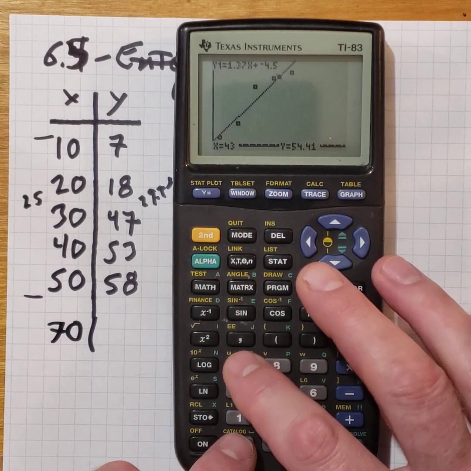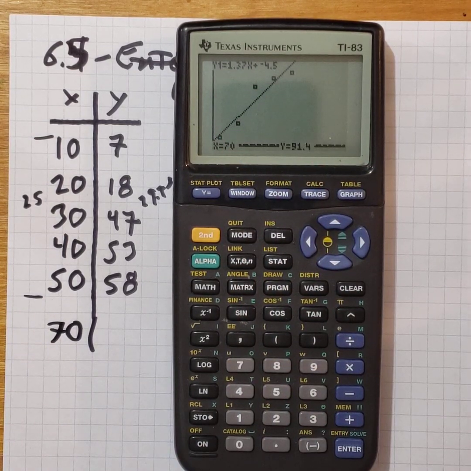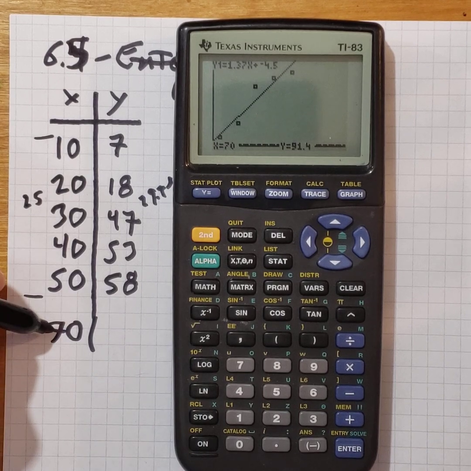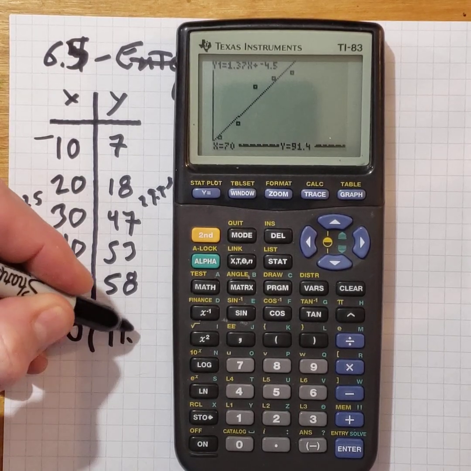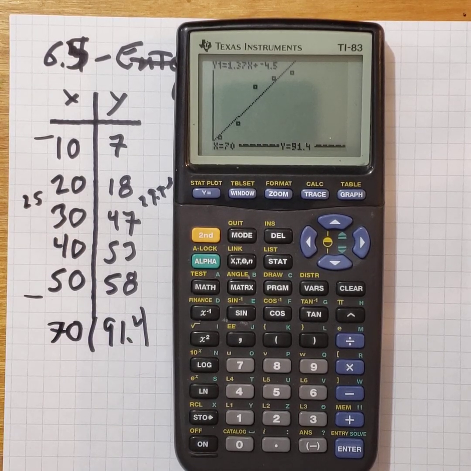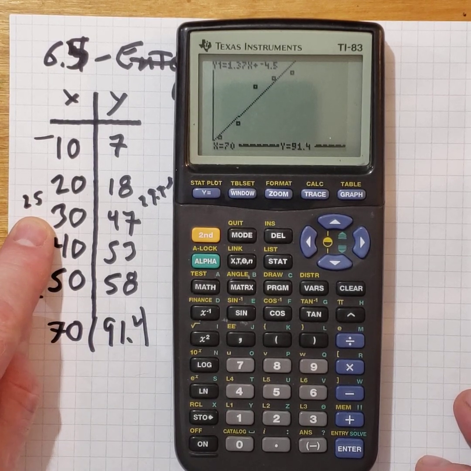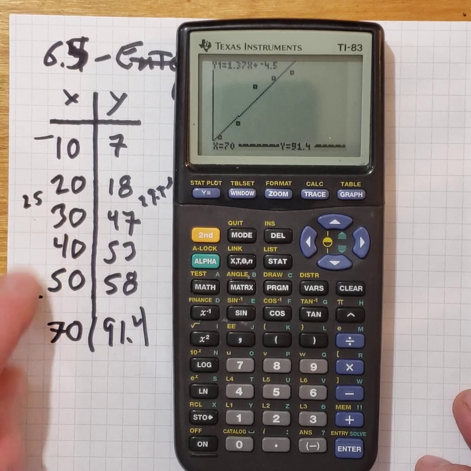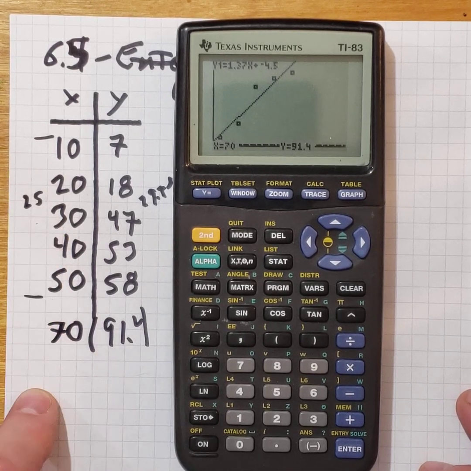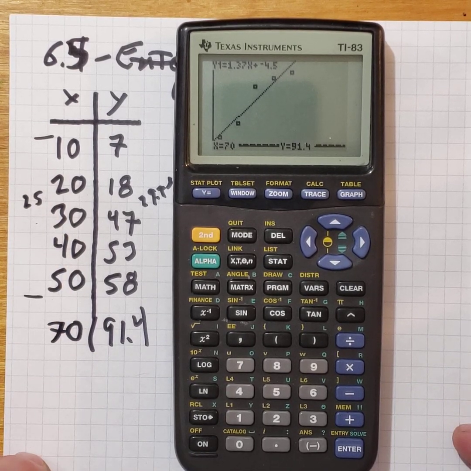And then I can put in 70 and it'll say somebody with a 70 in the first column ought to have 91.4 in the second column. So this here is interpolation, because we're working inside the data set, and this, where we're going beyond the data, assuming the trend is going to continue, that's extrapolating. And that is that.